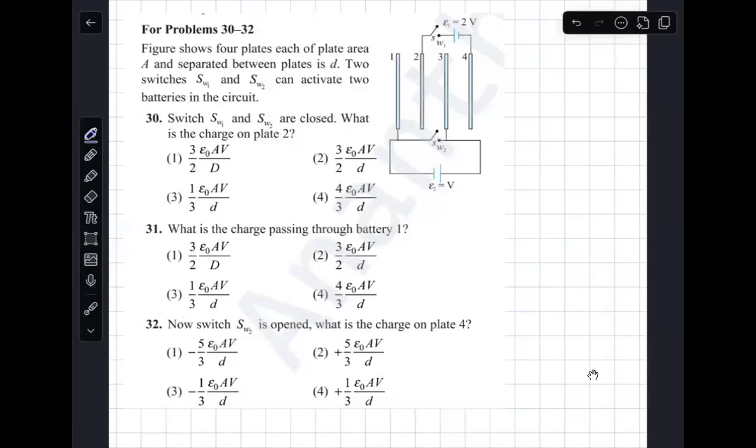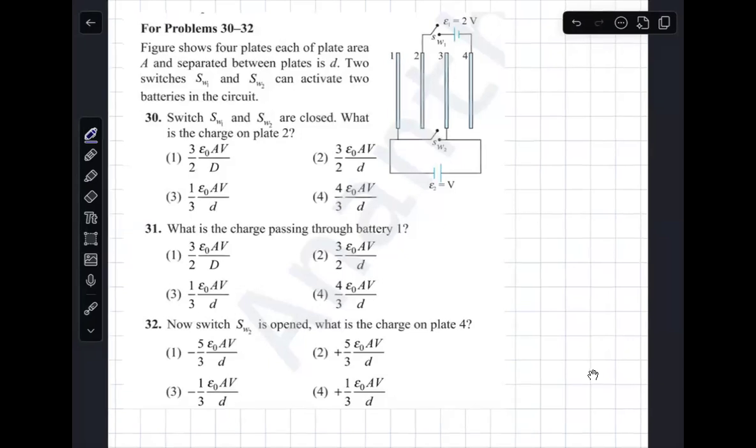Now tell me, in this case, the figure shows 4 plates, each of plate area A. The separation between each plate is D. There are 2 switches above and below, and 2 batteries.